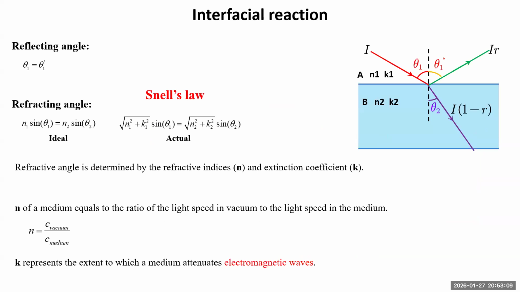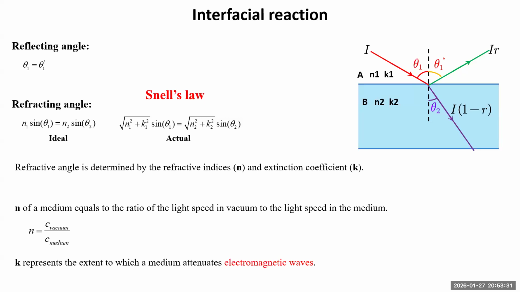So we know that for light reflection, it is very easy to calculate the reflecting angle because it is equal to the incident angle. But for refraction, it is quite difficult because we need to use Snell's law to calculate it.